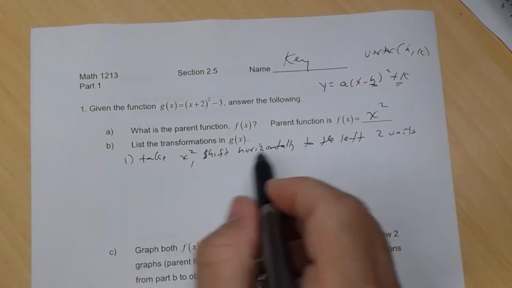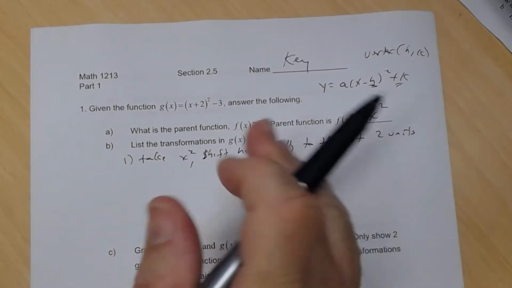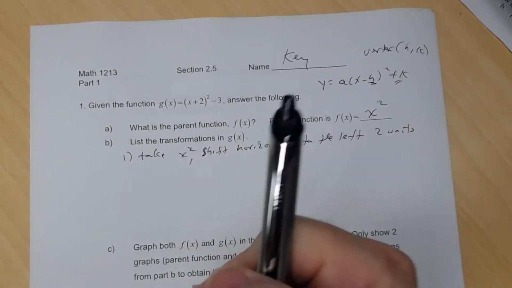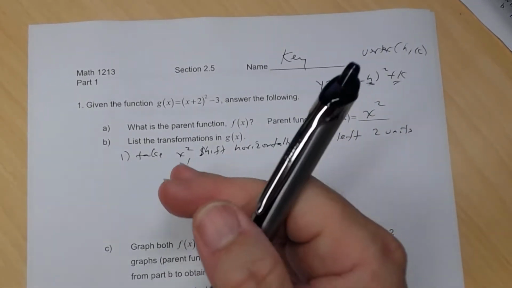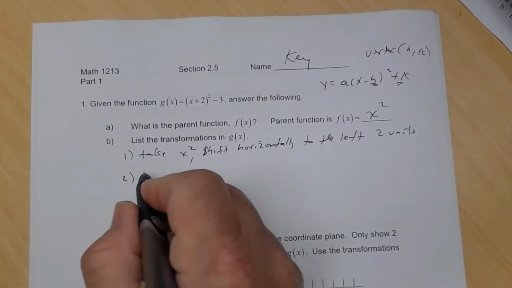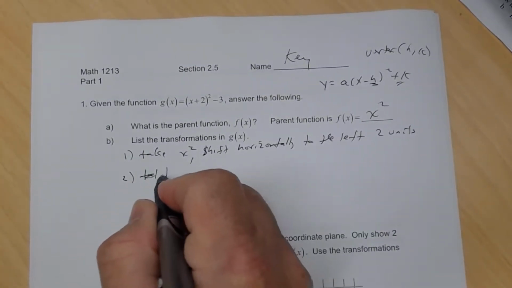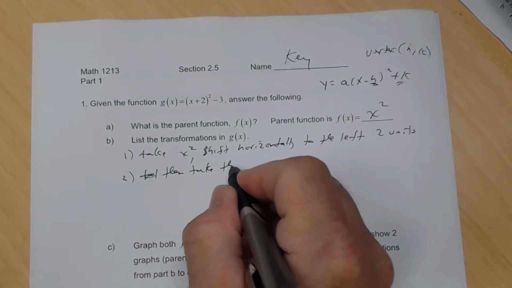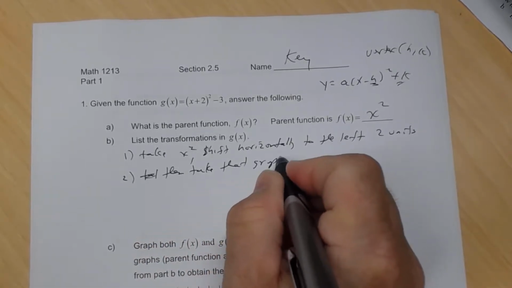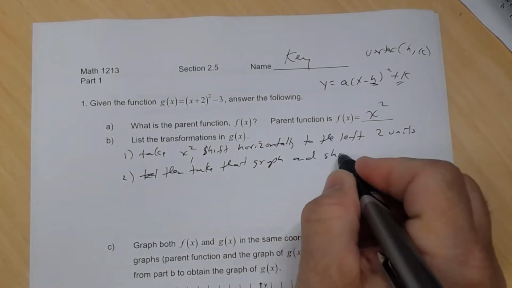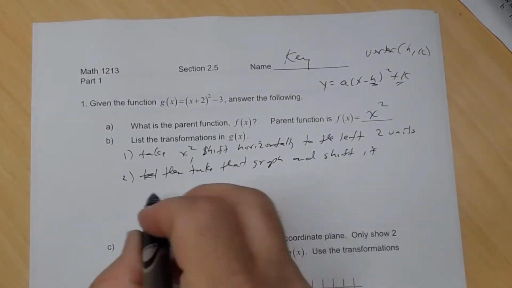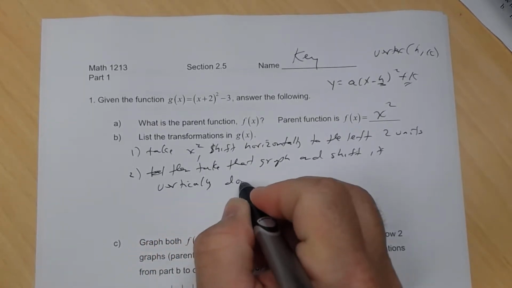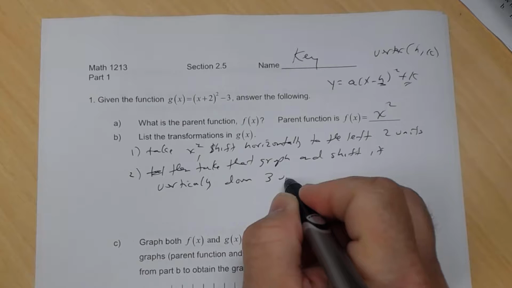Then once we have that part, once you shift the x squared 2 units to the left, you're going to take that graph and shift it vertically down 3 units.